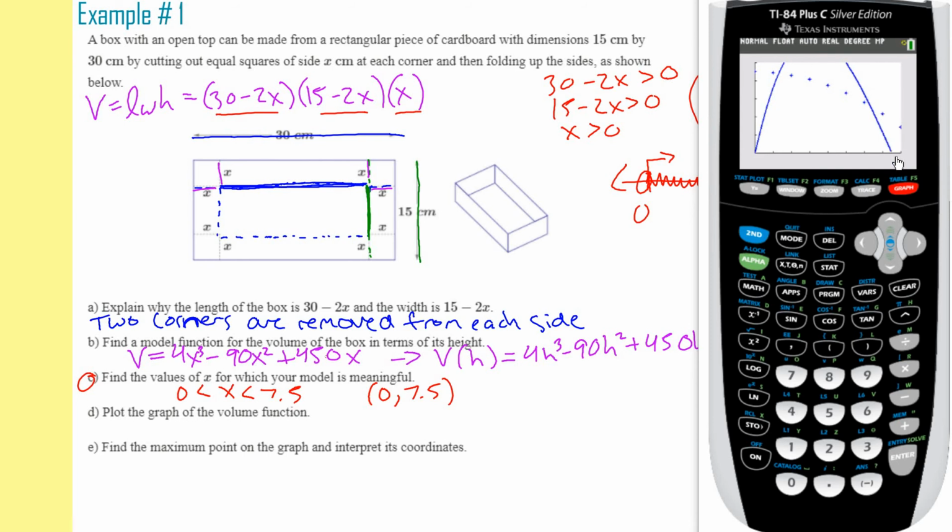All right, now you can see I've got my volume going. It's like a parabola. In this part, I'm missing some, so I need to go a little bit higher. And I'm going to turn off my stat plots. What was I doing? Oh, changing my window. Okay, so let's just go up to, I don't know, 750.